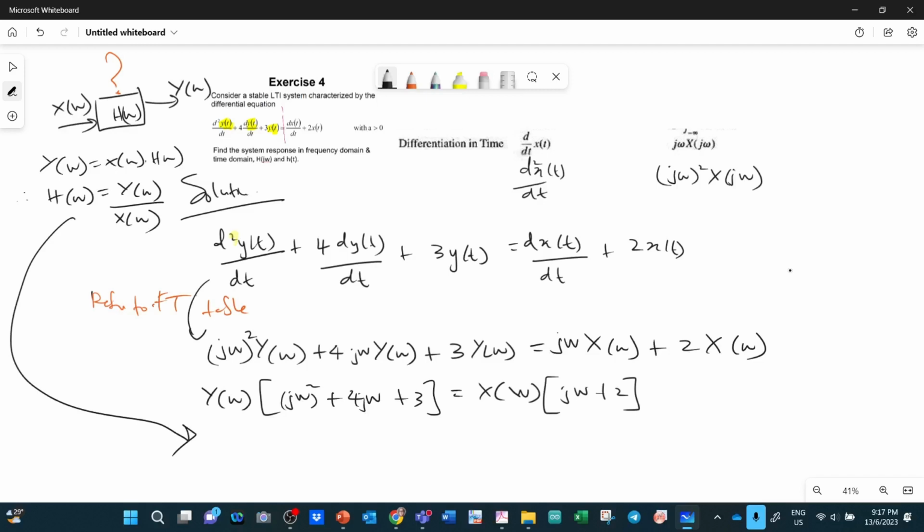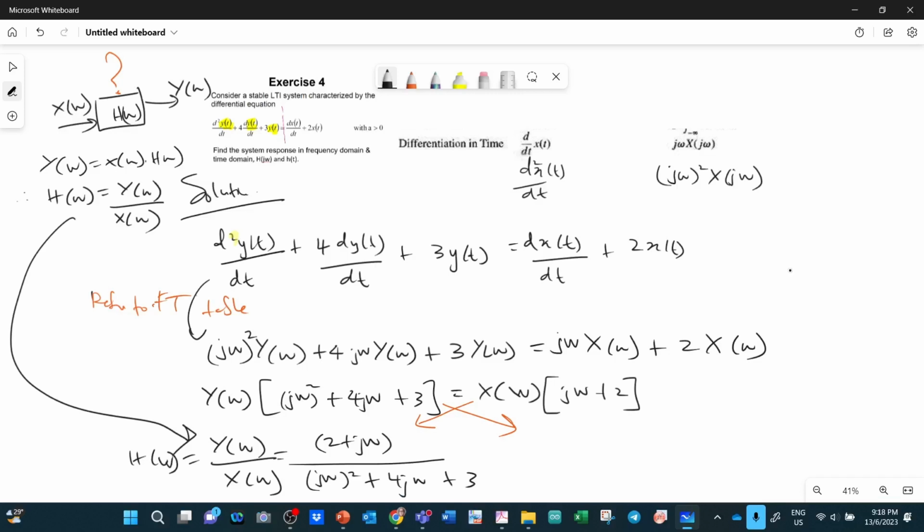So rewrite this equation in terms of Y(ω) over X(ω), which is equivalent to H(ω). You need to bring this power, cross it over. So you have (2 plus jω) over ((jω) squared plus 4jω plus 3).